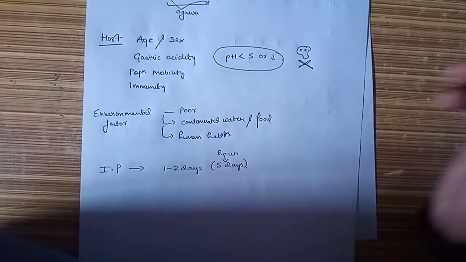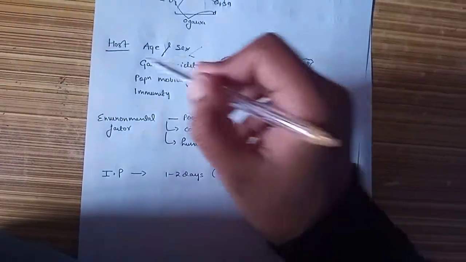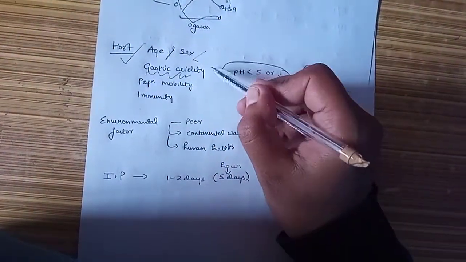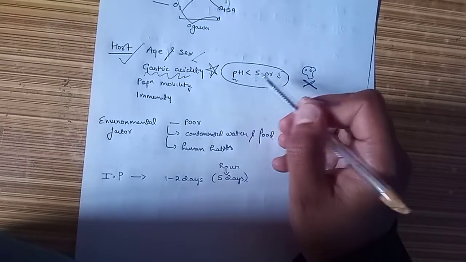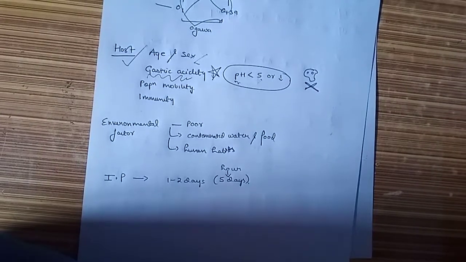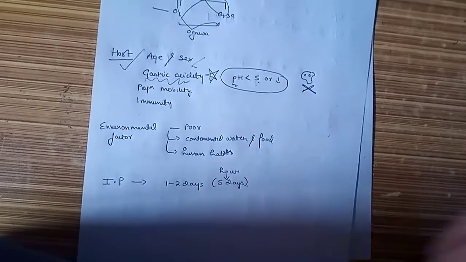Talking about the host factor, it can infect any age, any sex. Now the most important host factor is gastric acidity, as we should know that Vibrio cholerae are susceptible to pH less than or equal to 5. So this gastric acidity does not allow Vibrio cholerae to invade the intestinal mucosa.